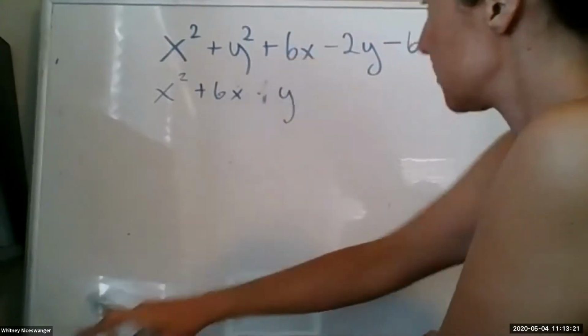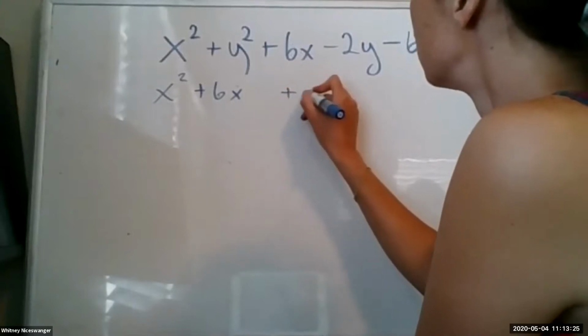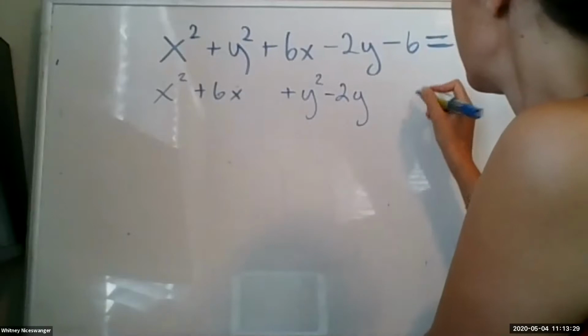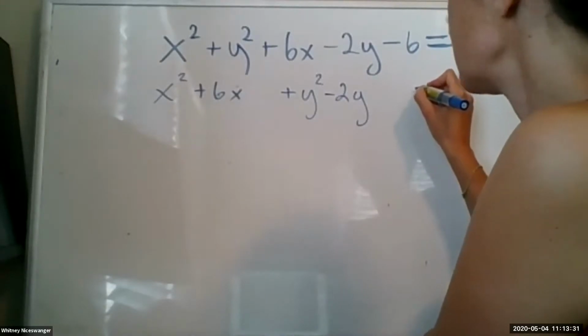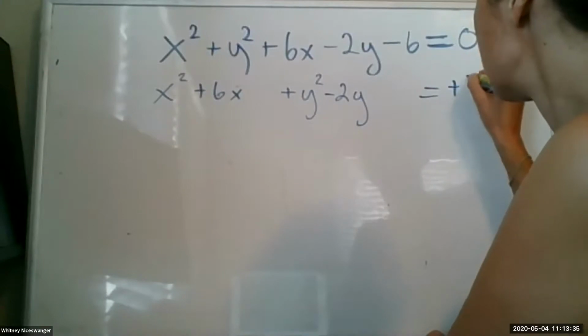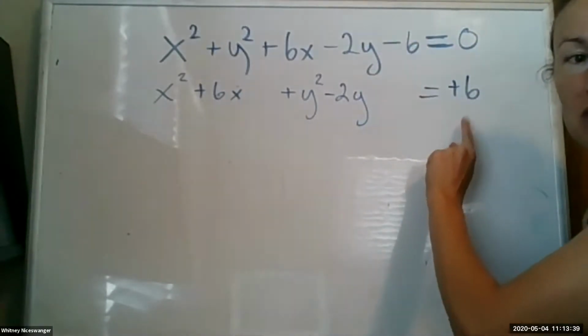A little space, actually. And I can put this -6 on the other side by just adding 6 to both sides. Okay, so I did a -6 here, add 6 to both sides, gives it over here.